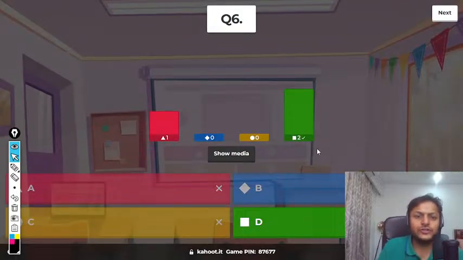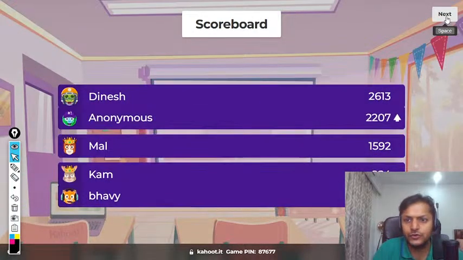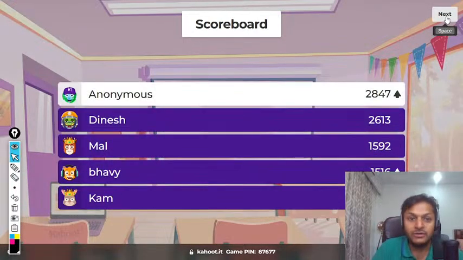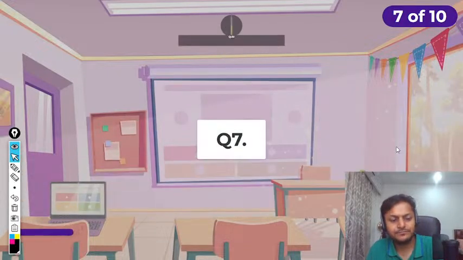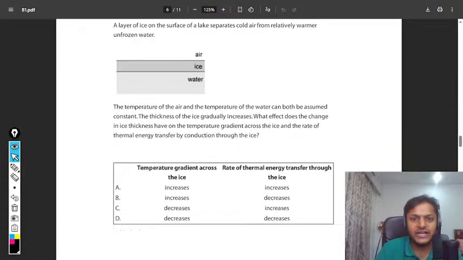Okay, very good. Two students have attempted this question correctly. Very good. Let us move to the next question now. Anonymous is leading the chart now. All the best. Question number 7 on your screen.